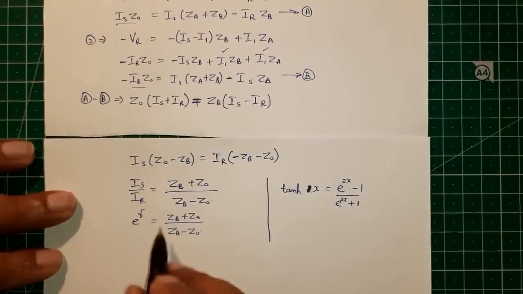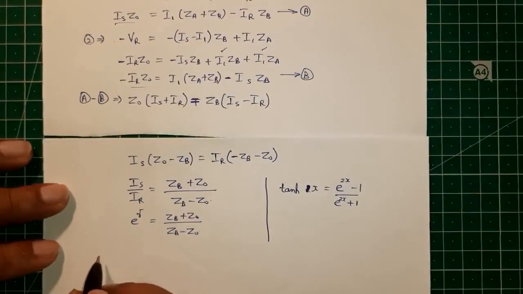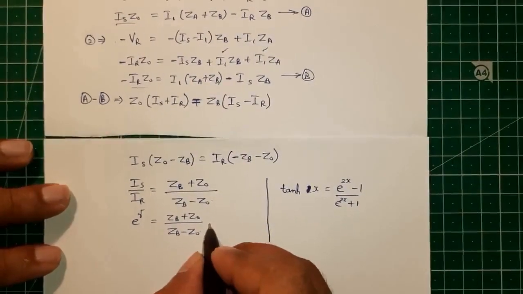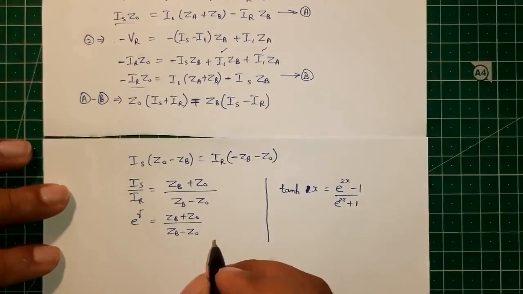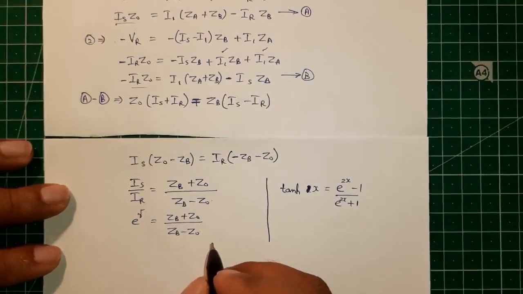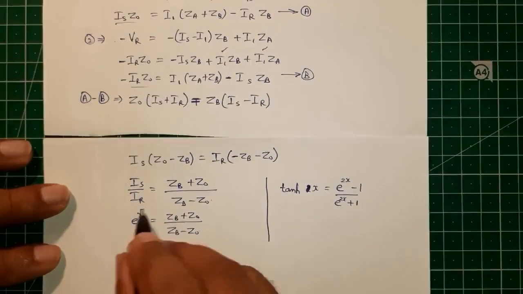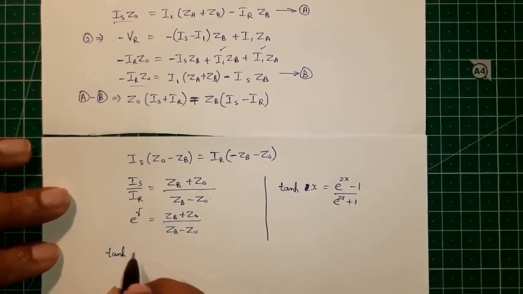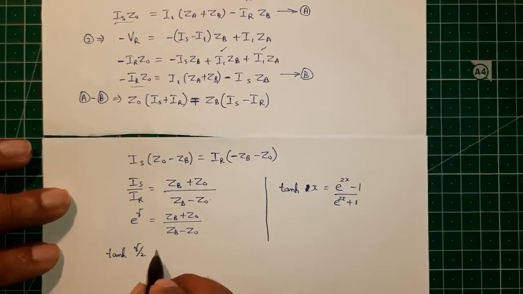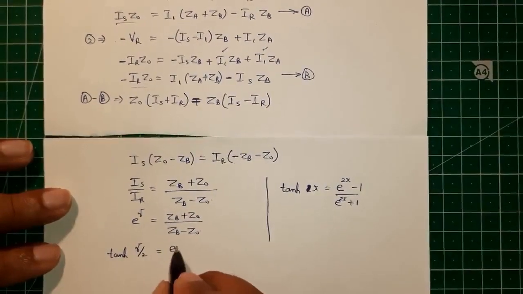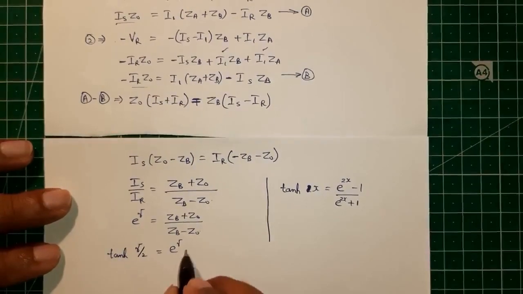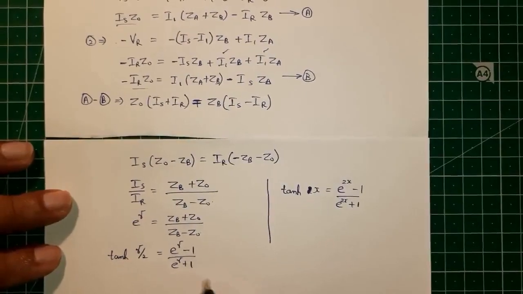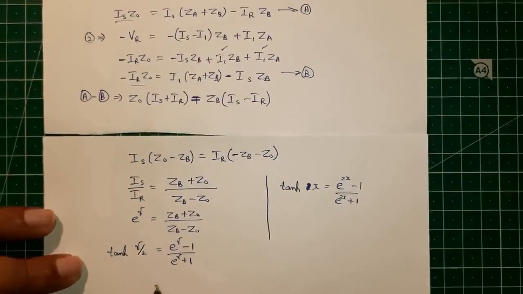Using this we can write tan h of gamma by 2 is equal to (e power gamma minus 1) divided by (e power gamma plus 1). So what is this?